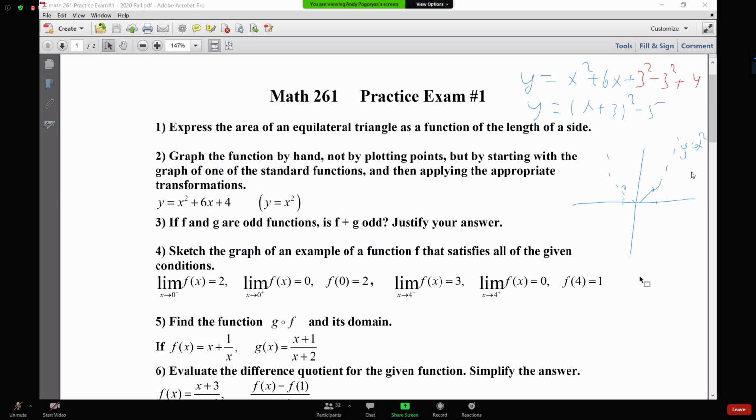So you move 3 units to the left: 1, 2, 3. This is 1, 2, 3. This is 1, 2, 3. So this is the second step. And then shift 5 units down. So 5 units down, and this would be your final answer. So this is how you graph it.